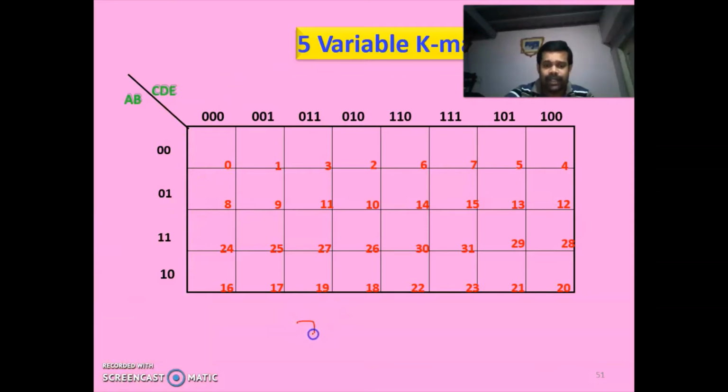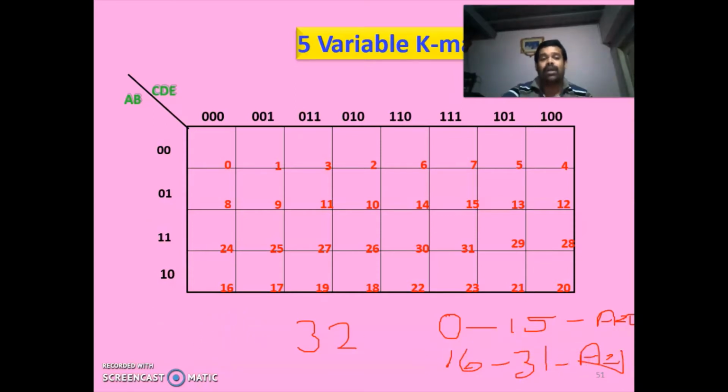From 0 to 15, the value of A is 0. From 16 to 31, the value of A is 1.